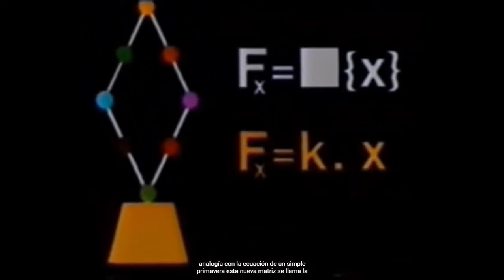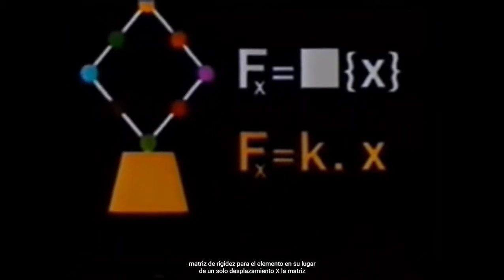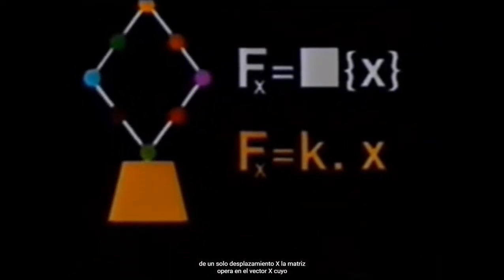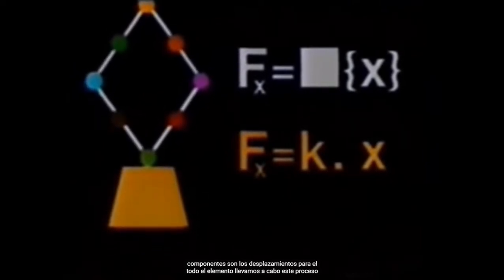And finally, from minimum potential energy, we obtain a pair of system equations for the complete element. By analogy with the equation of a simple spring, this new matrix is called the stiffness matrix for the element. Instead of a single displacement x, the matrix operates on the vector x, whose components are the displacements for the whole element.